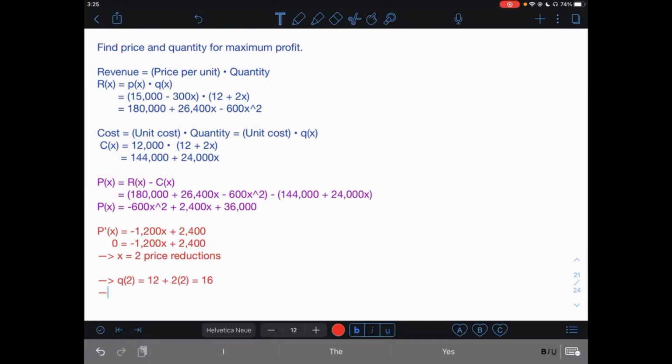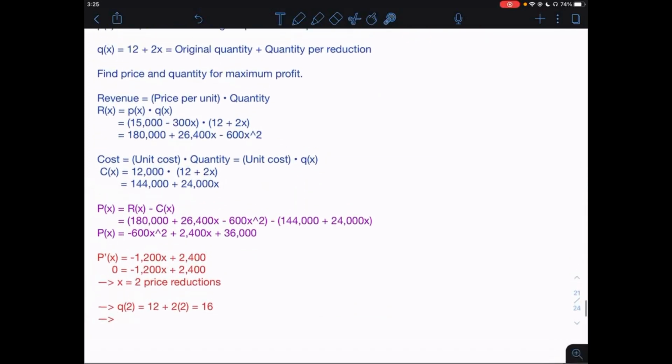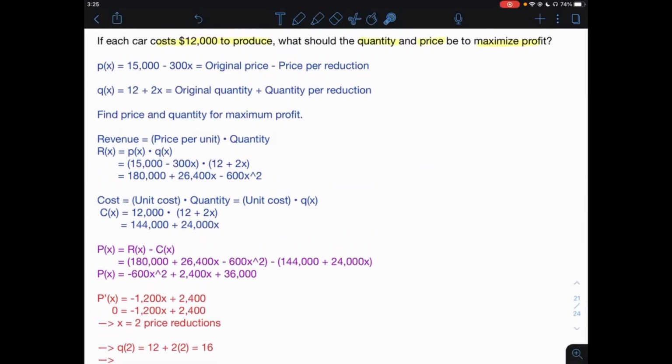Okay, so this is telling us that we can produce and sell 16 cars if the price of each car is at, well, how do we figure that out? How do we figure out what the price should be of each car if we want to produce and sell 16? By plugging 2 into our price function.